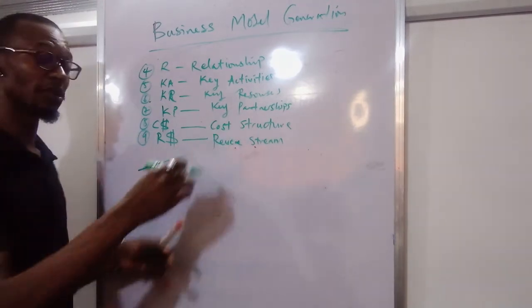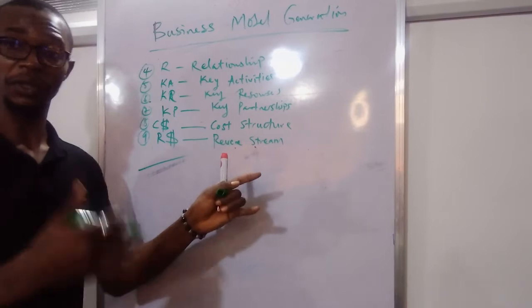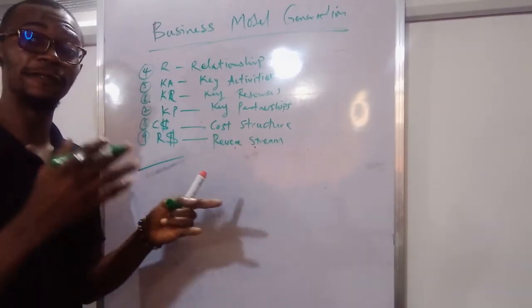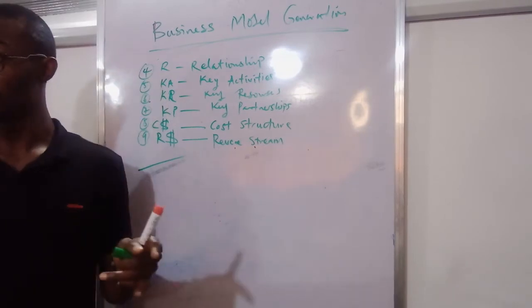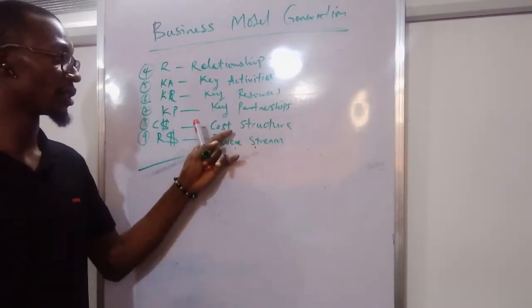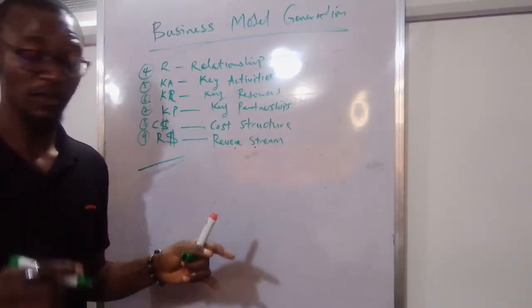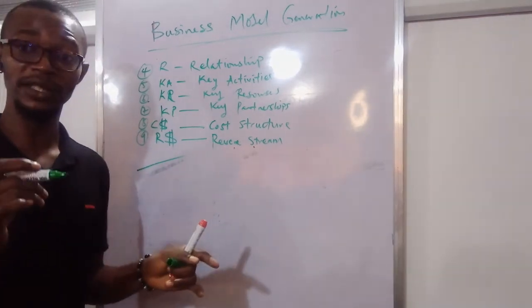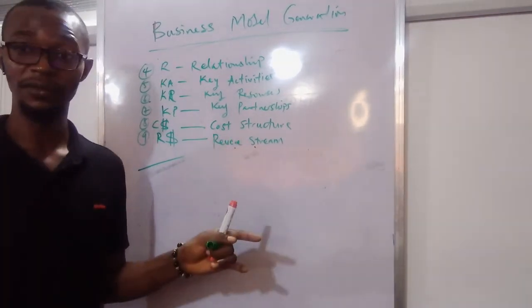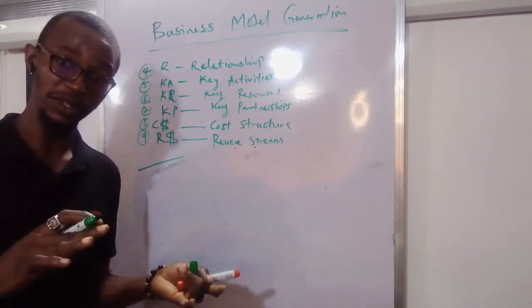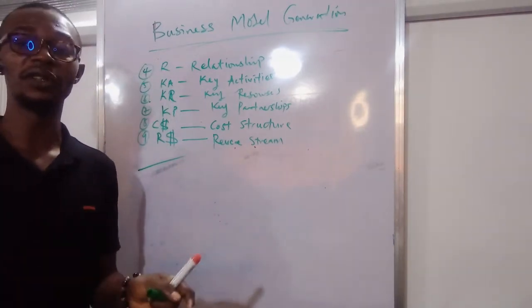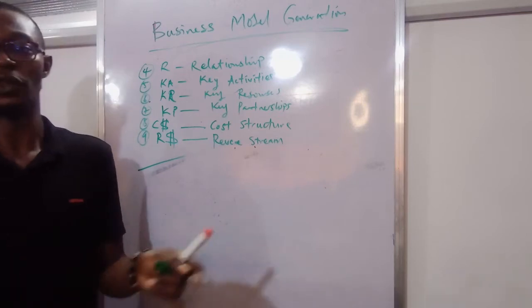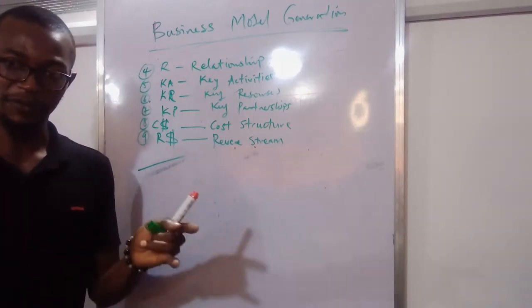In the cost structure, there are some costs that will be recurring, some that will be fixed, and some that will be variable. For instance, if we are doing printing, the cost of printing 100 won't be in the same ratio as printing 200. The cost of production will reduce. So maybe if 100 is 50,000, 200 might just be 70,000 instead of 100,000. Those are variable costs.